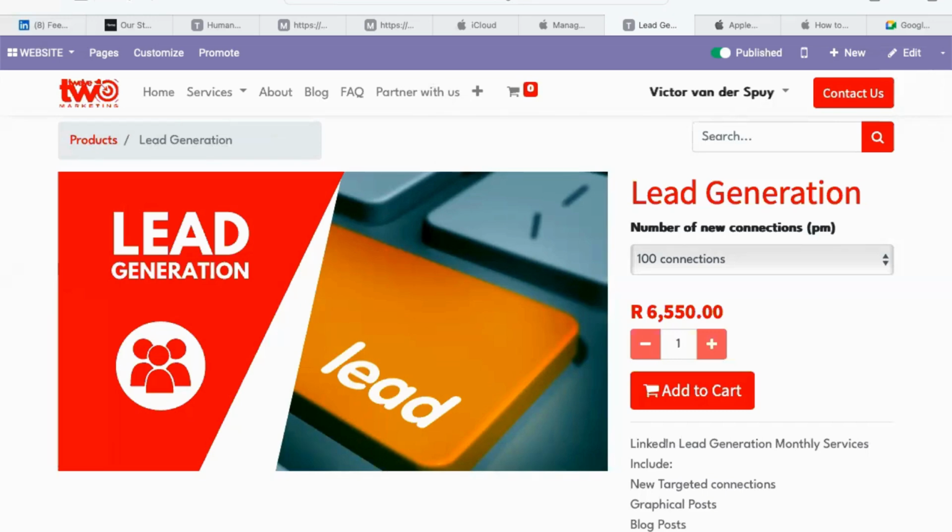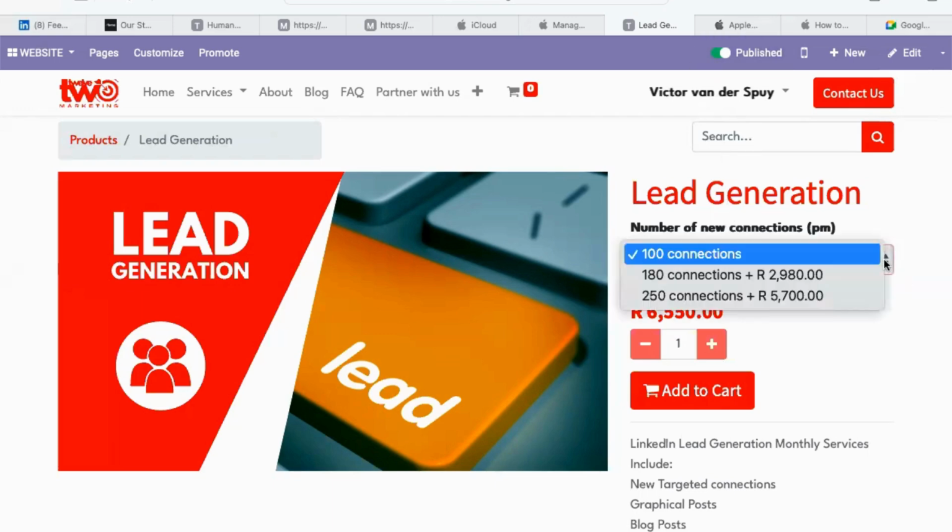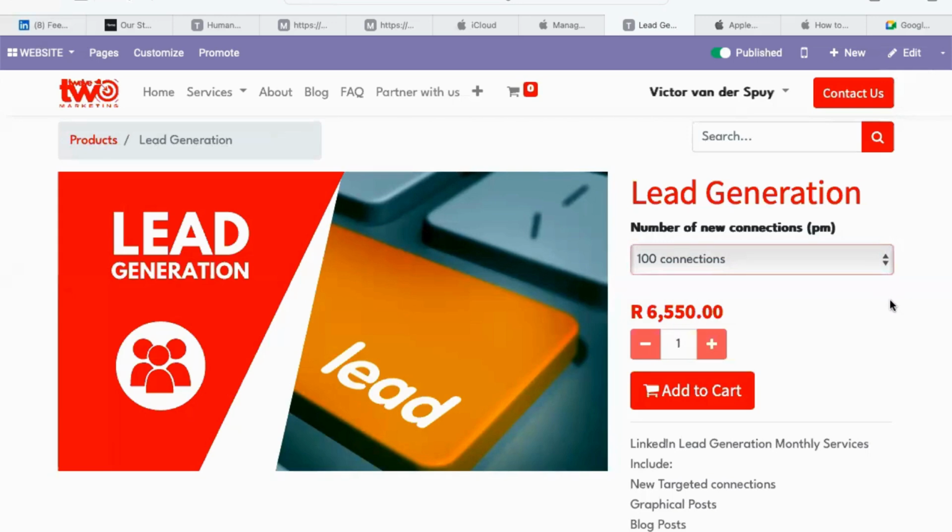So we have three packages. We have 100 connections per month, 180 connections per month and 250 connections per month. Right? So most of our lead generation we do via LinkedIn, although we do deploy all the other platforms as well, depending whether the customer is a B2C type of client or a B2B type of client, because that is important.